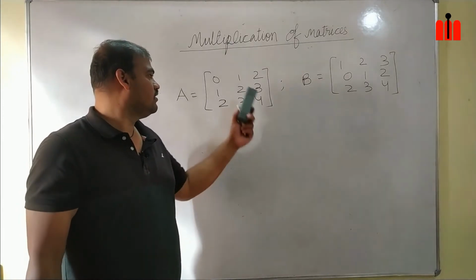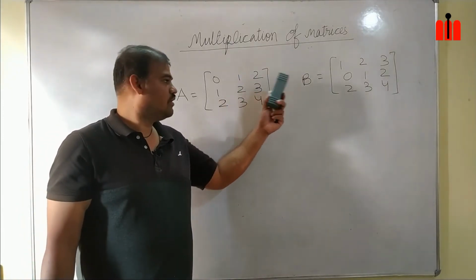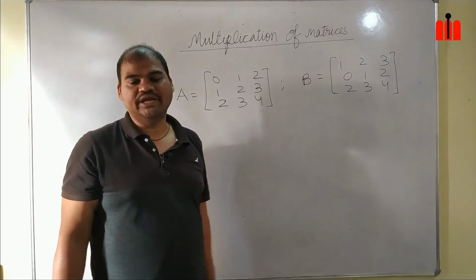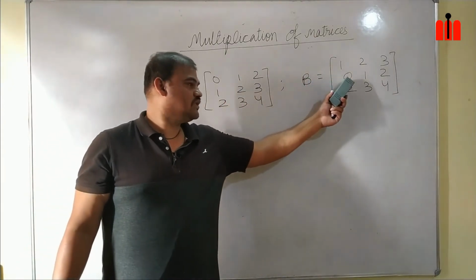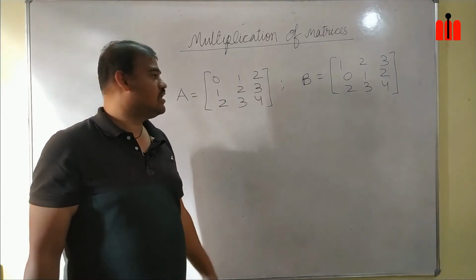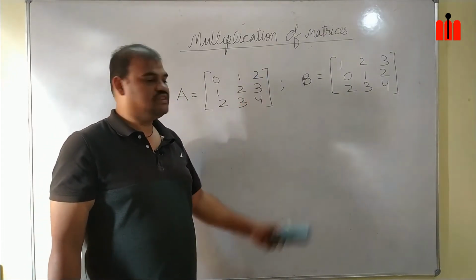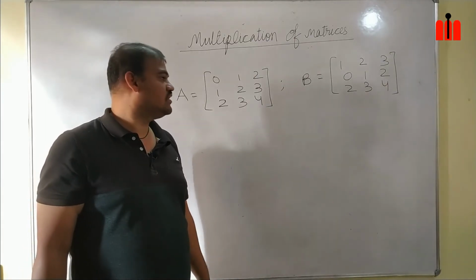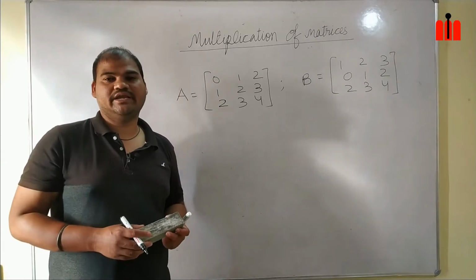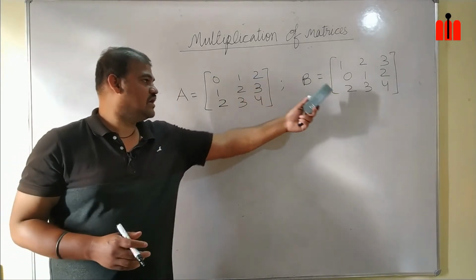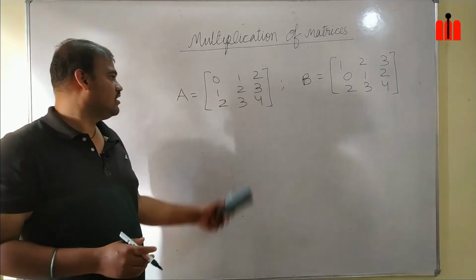After that, A12 will be multiplied with B21. A13 will be multiplied with B31. Are you getting it? A13 is multiplied with B31.